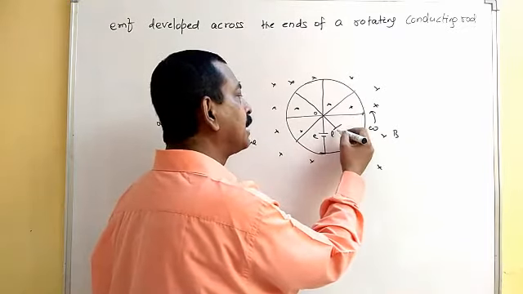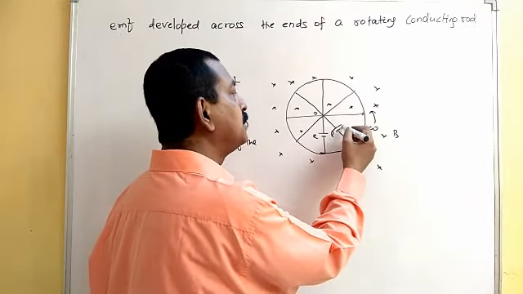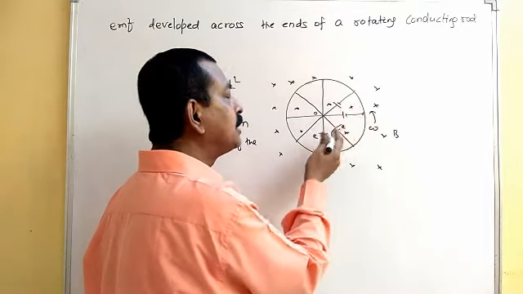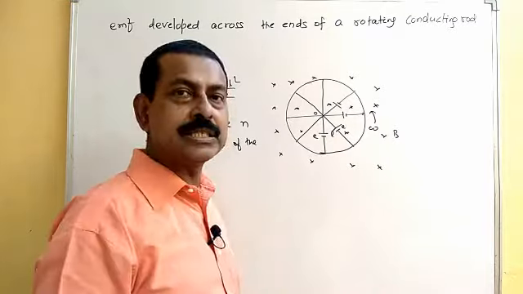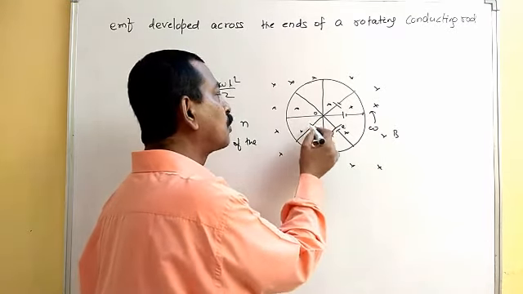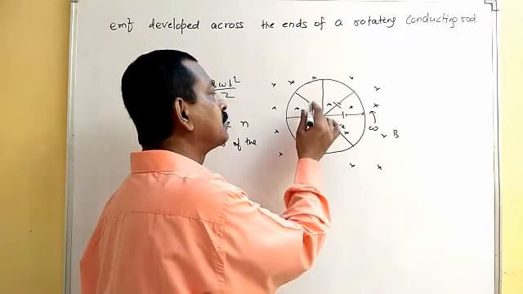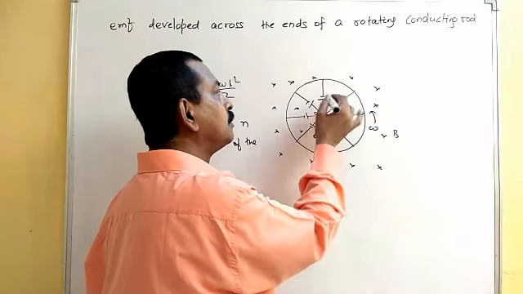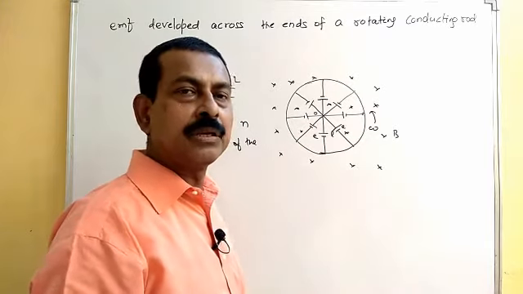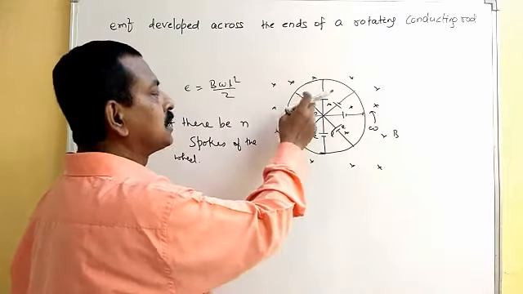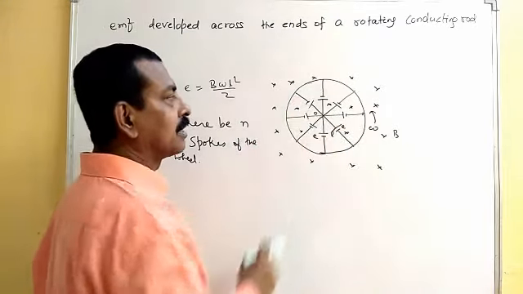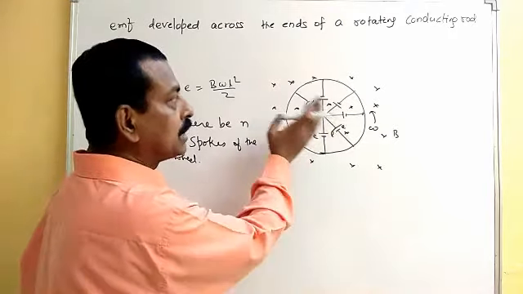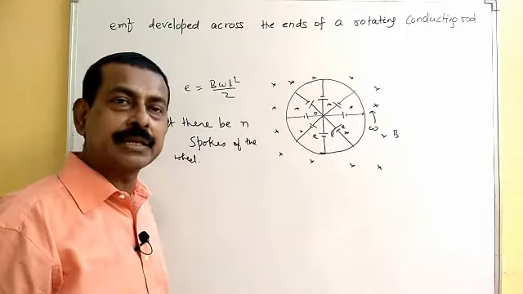Other ones also we can treat like cells of EMF E. So each spoke we can represent as having an equivalent cell. We can assume that the cells of EMF E are connected, so look at the diagram to see how the cells are connected.